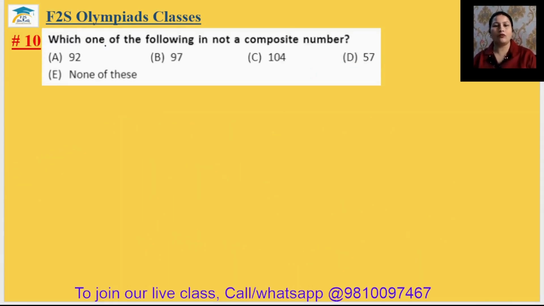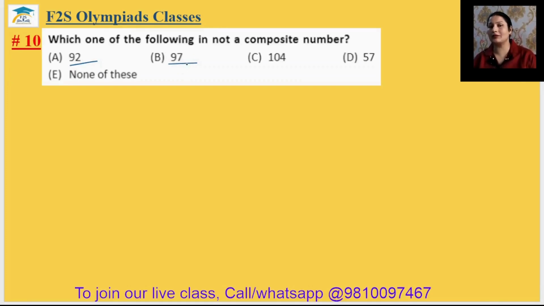Question number 10. Which one of the following is not a composite number? 92 is an even number, so it cannot be a prime number. Matlab, it will be a composite number. 97 is a prime number.